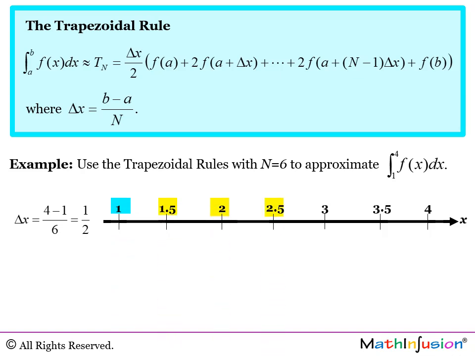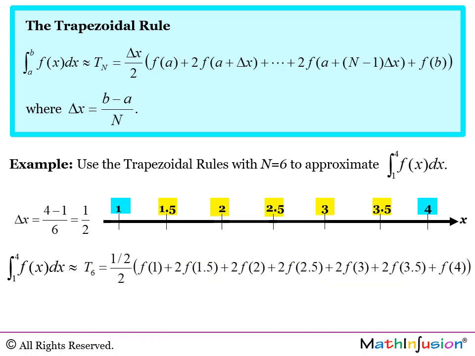The ones that are highlighted with blue are going to be summed only 1 time. And the ones with yellow are going to be summed 2 times. And we get that.